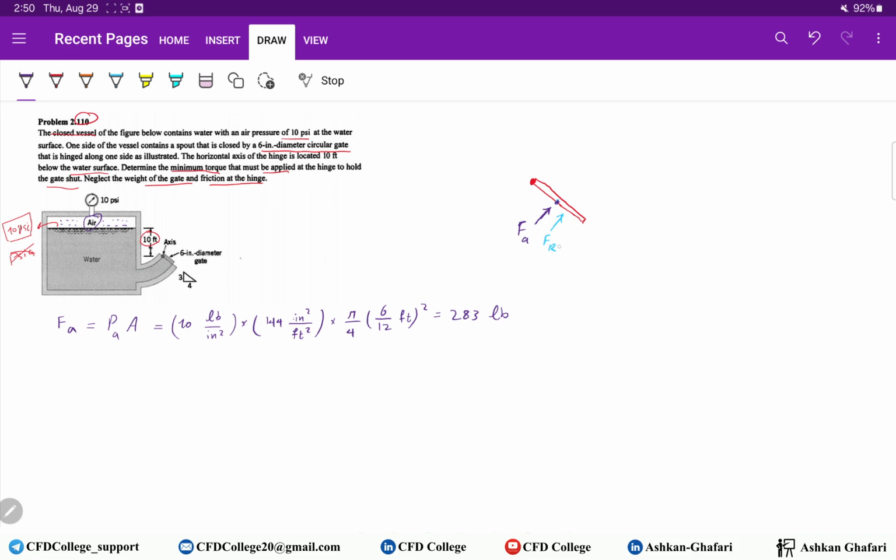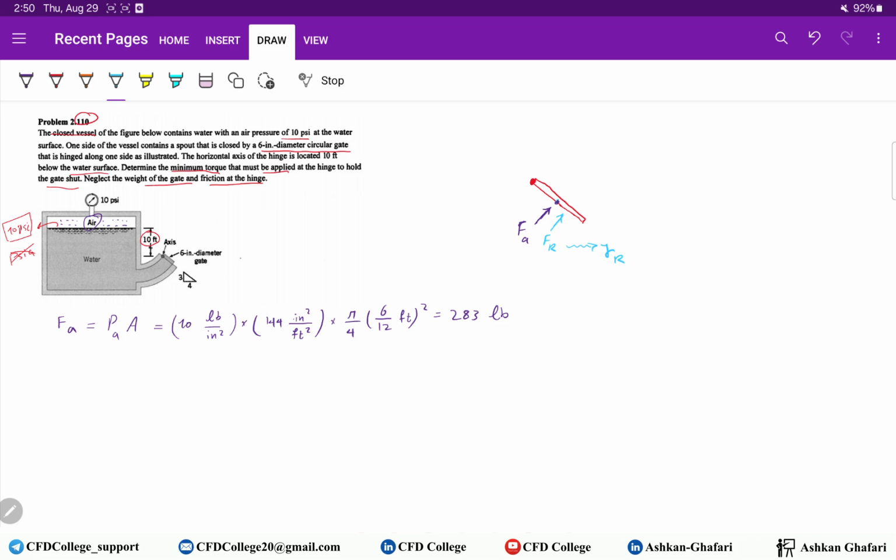So once again, we have two forces, Fr and Fa. Fr is due to liquid, the hydrostatic pressure in the water. Fa is due to the pressurized air here. The acting point of Fr is YR. So we should calculate and find the acting point.